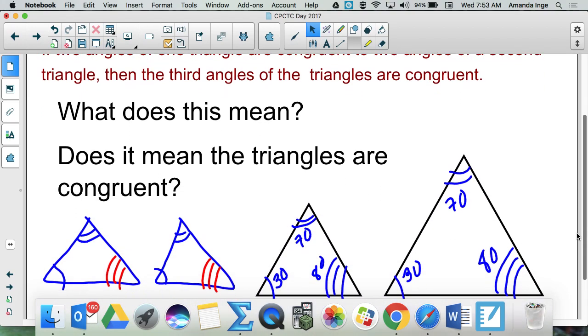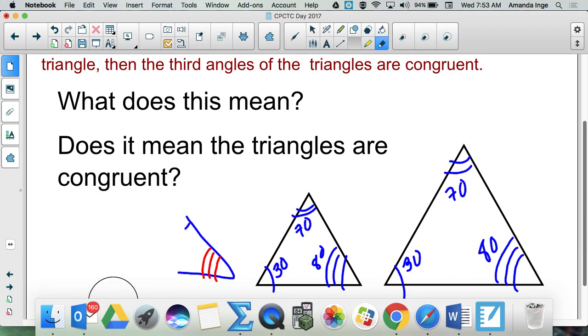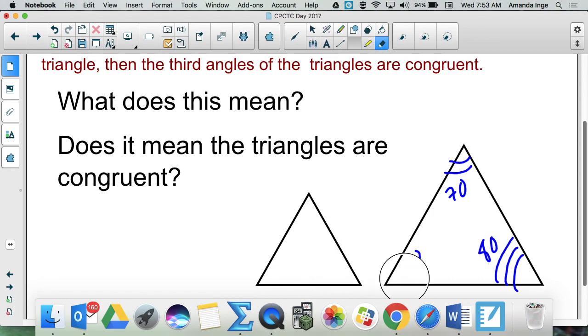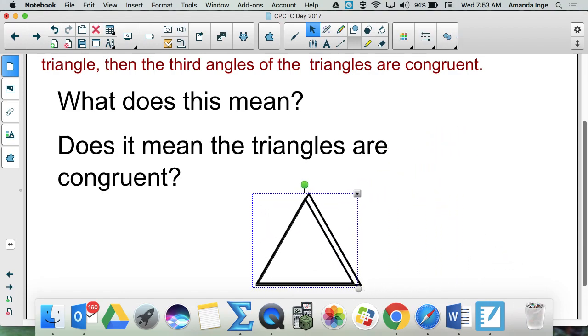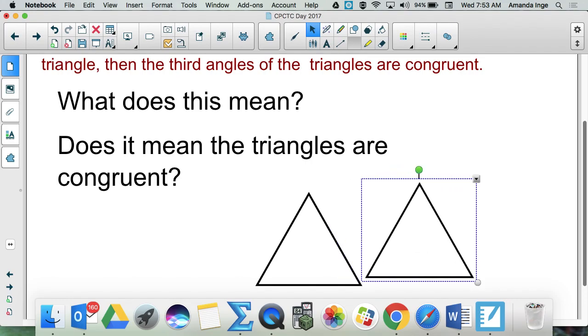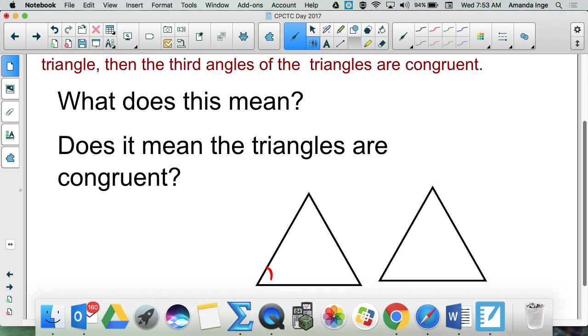It means if you have two angles of one triangle congruent to 2 angles of another triangle, then the third angles must be congruent. So in other words, if this angle is congruent to this angle, and that angle is congruent to this angle, then it follows that the third angles must be congruent.